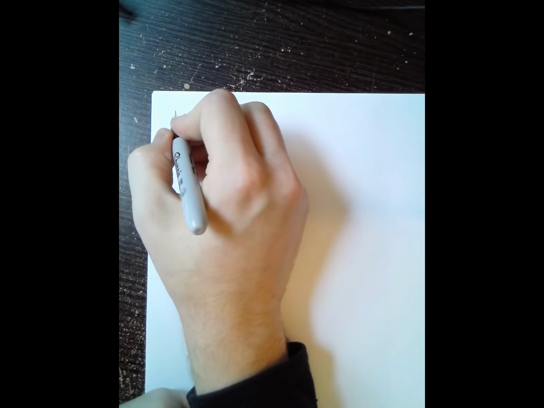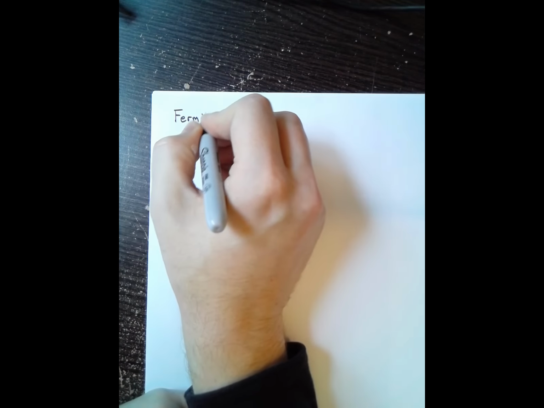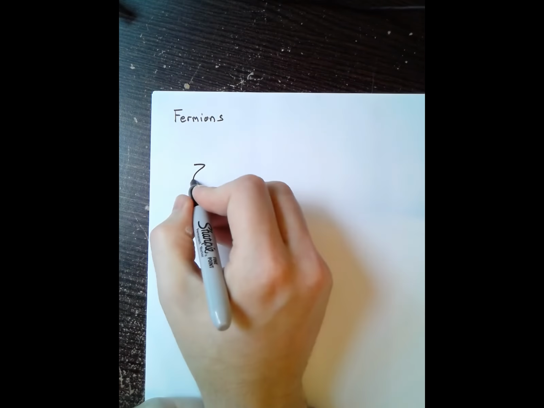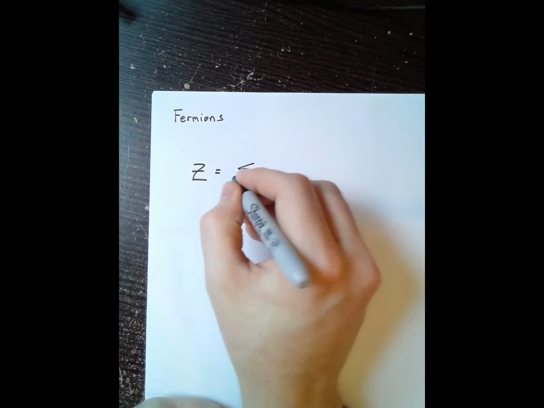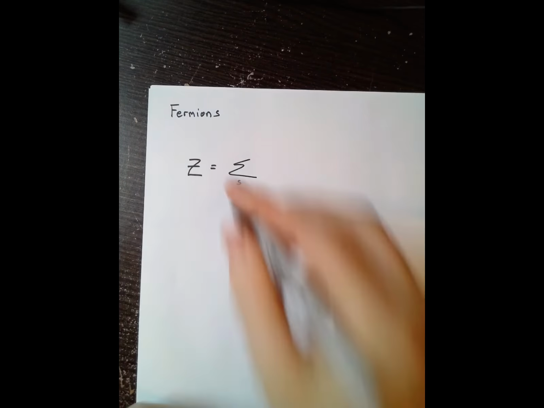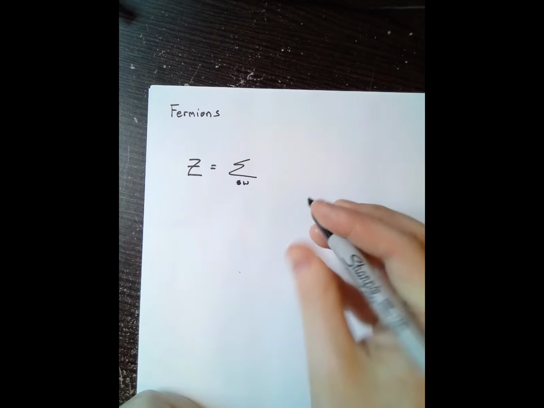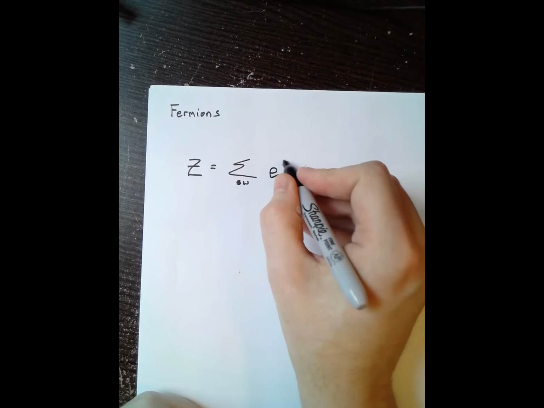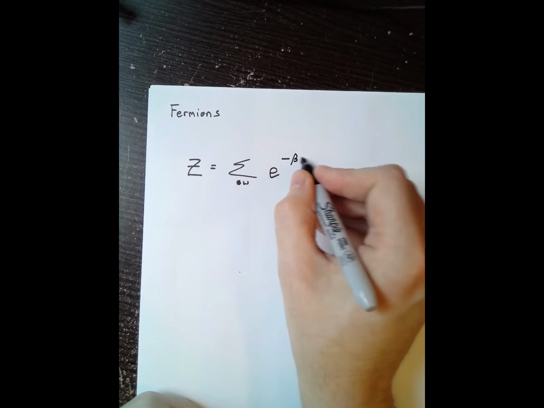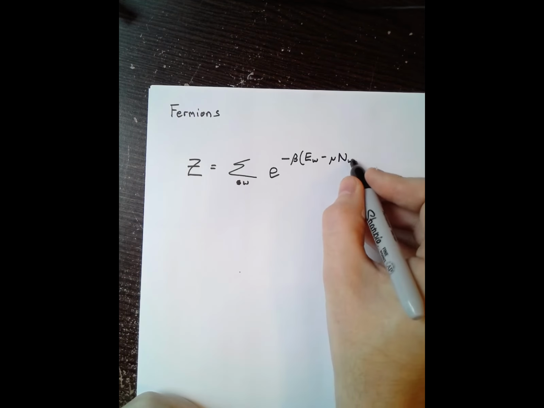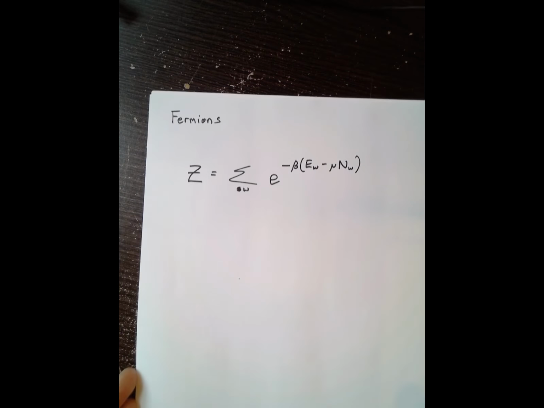So let's start off with the case of a gas of fermions. The partition function is the sum over all of the microstates of e to the minus beta into (E_w minus mu N_w).